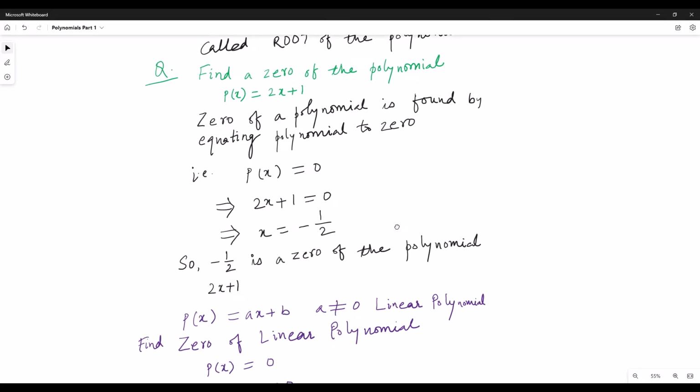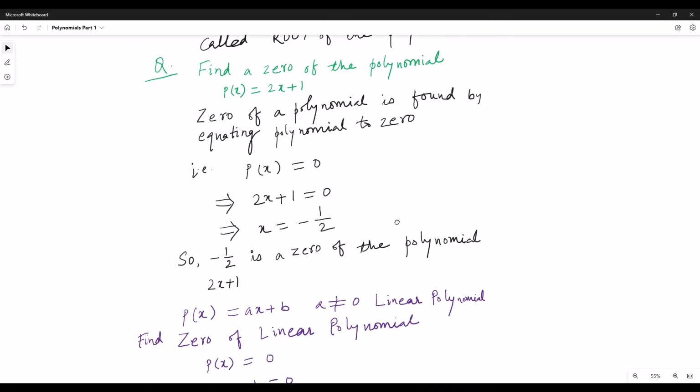So if p(x) is equal to 2x plus 1, find a zero of the polynomial p(x) equal to 2x plus 1. So what we will do? We will equate 2x plus 1 to 0 and try to find the value of x. So here we got the value of x as minus 1 by 2. So if you put minus 1 by 2 in this expression it will become 0. So the zero of this polynomial is minus 1 by 2.